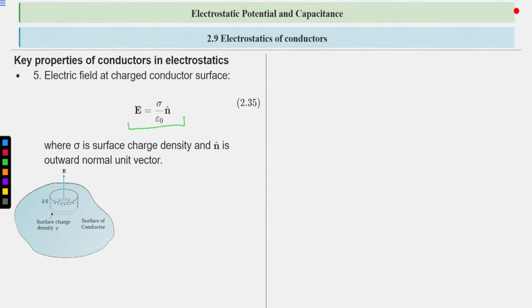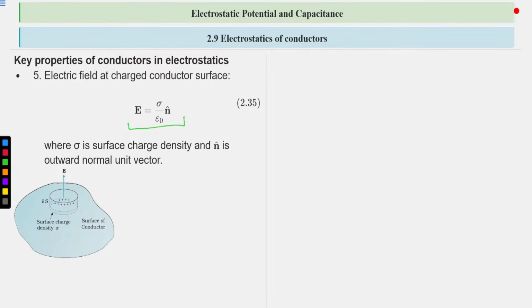Inside the conductor there is no electrostatic field. Outside there is an electrostatic field due to this surface charge density, and the electric field is in the outward direction due to these positive charges. If the surface charge density is due to negative charges, the electric field will be in the opposite direction. Now there is some electric flux through this pillbox surface. If we place any enclosed surface inside an electric field, the flux through it is 0, because the field lines entering and exiting are equal, so inward flux equals outward flux.